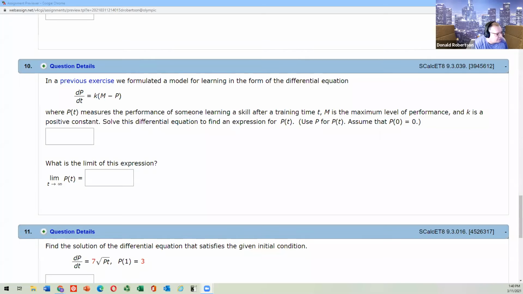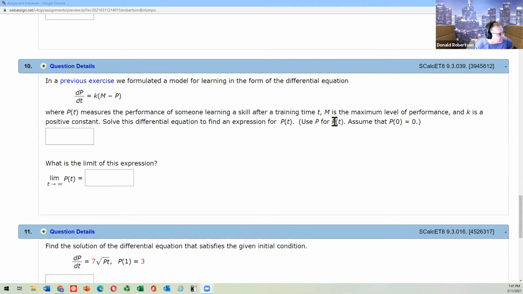So it's this guy here. You're right, that is a lot of words. They make a reference to a previous exercise, where we formulated a model for this differential equation, which is a population model, the logistic model, where P(t) measures the performance of some learning skill.